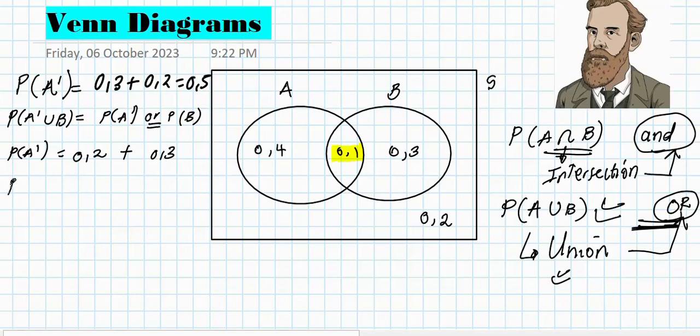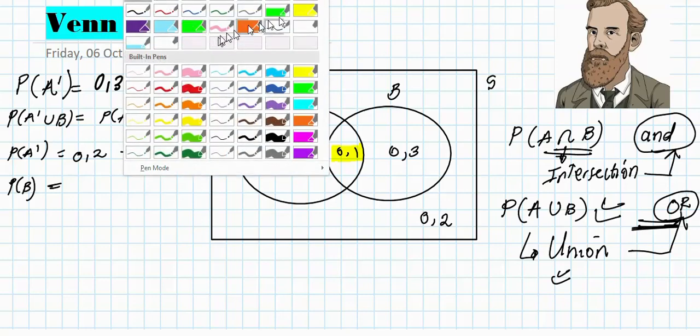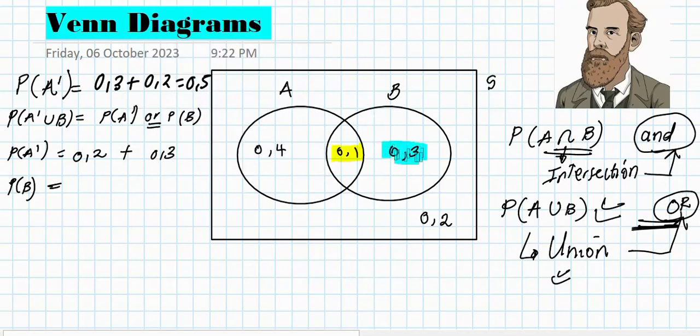After that, I look for the probability of B. So for the probability of B, give me anything that has to do with B. In this case, I have this value right here. Let me highlight that. It has something to do with B. And I have this value right here on the intersection.